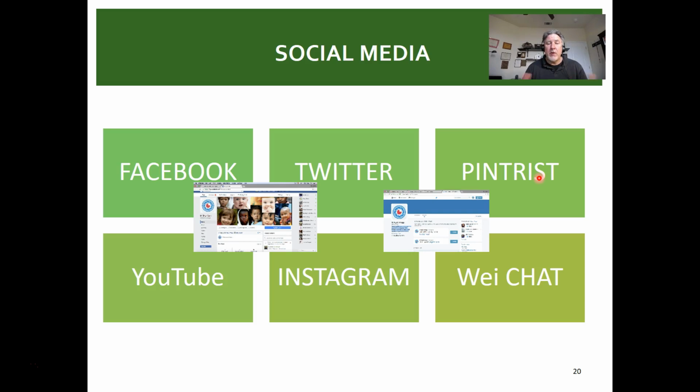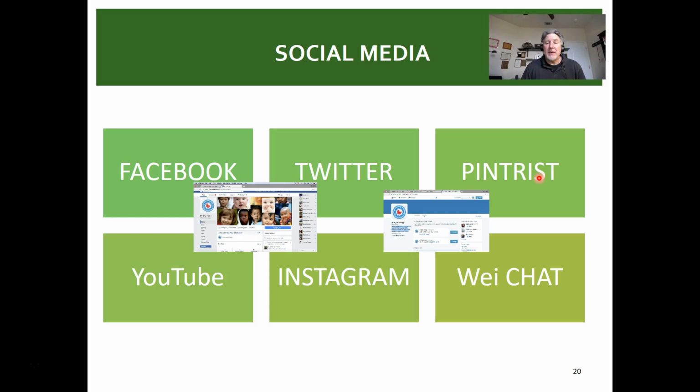I know you all are involved with social media, but it is a valuable way to create attention as well as to support the customer journey in terms of interest. The big three really are Facebook, Twitter, and LinkedIn. You could think that Pinterest or Instagram are part of the big three, but they're not.